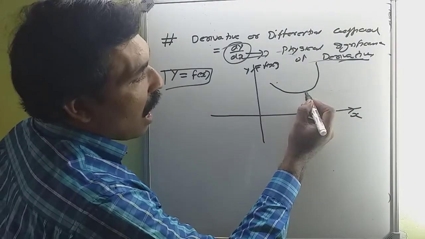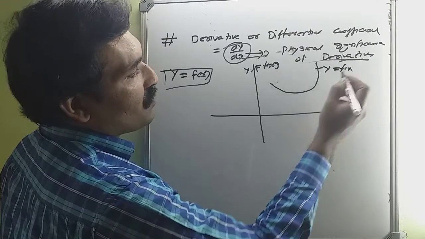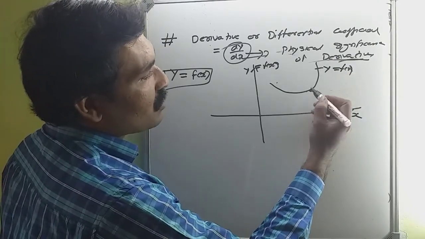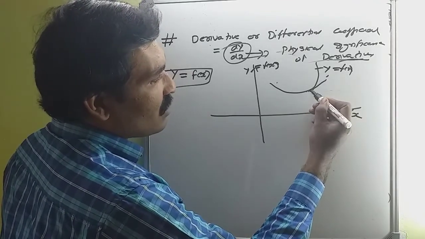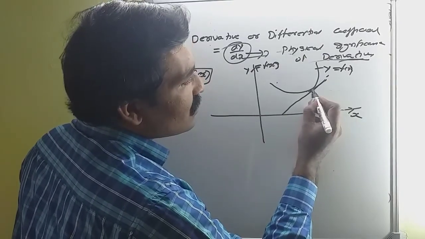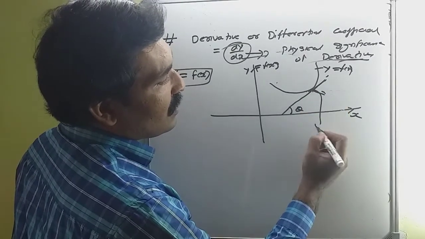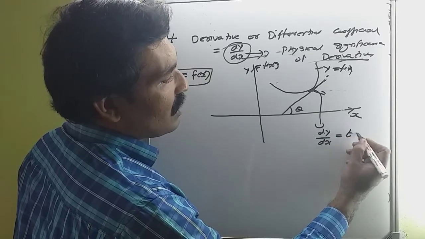Now, I want to find the derivative of this function at this point. So I draw a tangent at this point. The tangent touches this point. Let this angle be theta. Then dy by dx at this point is equal to tan theta.